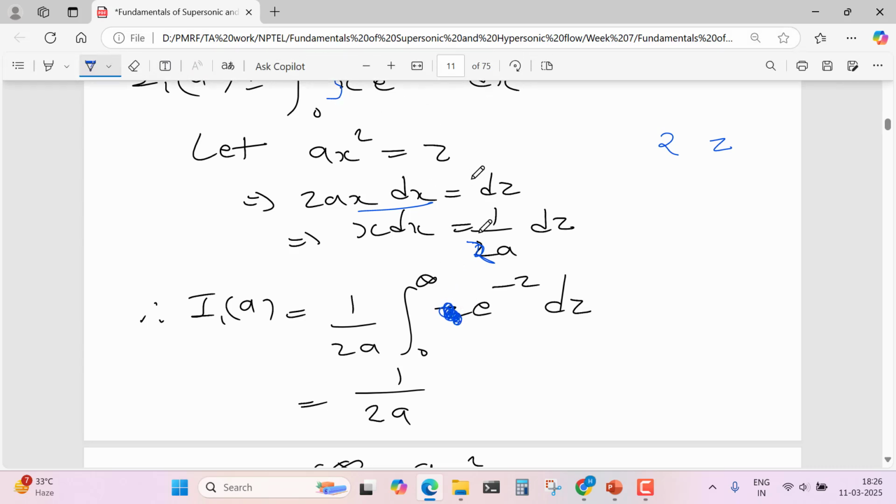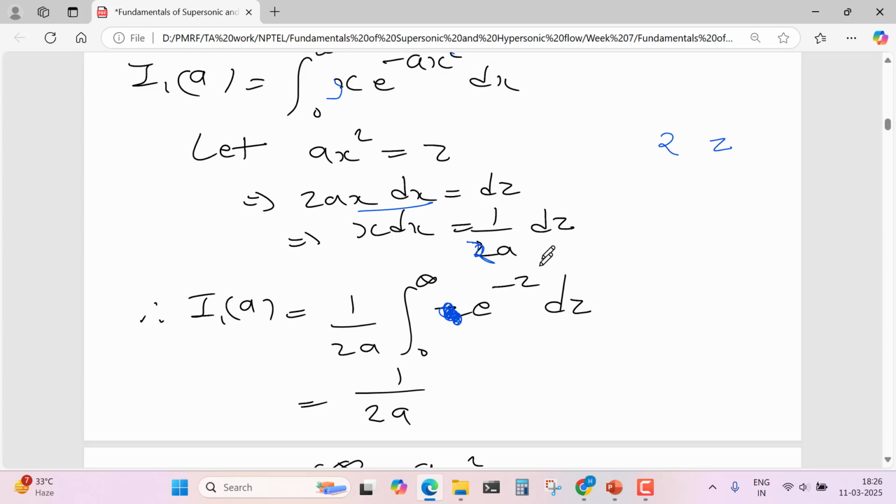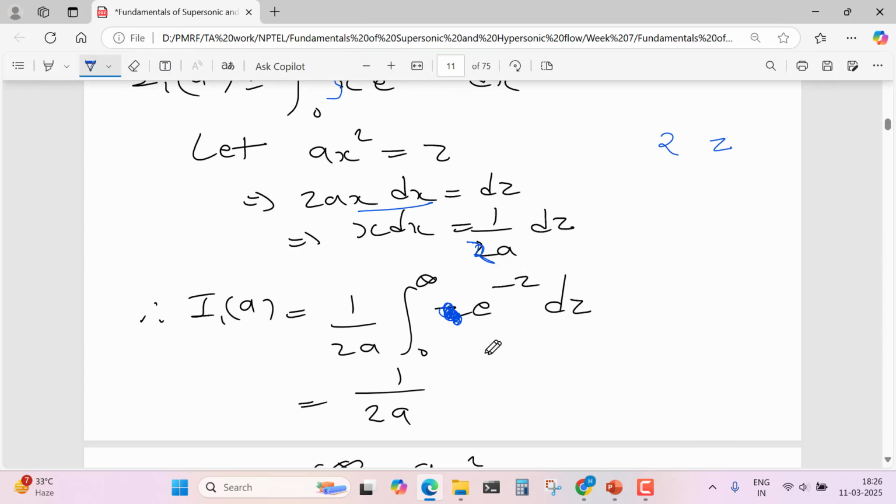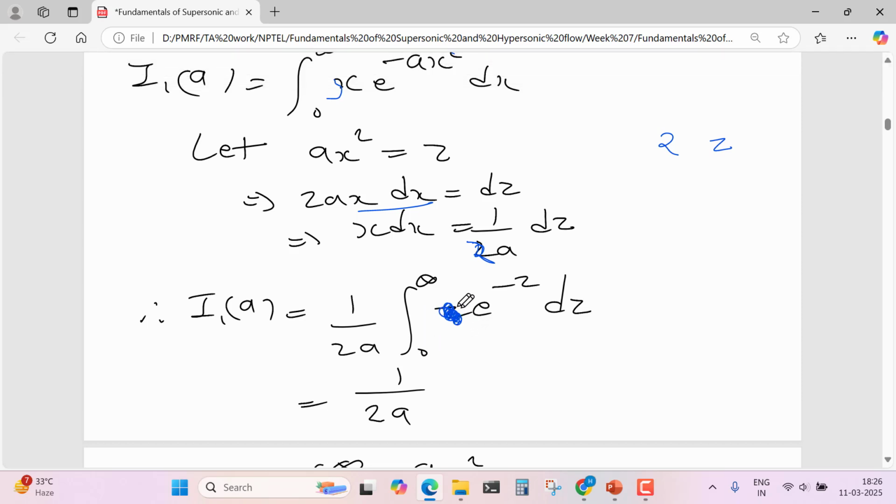This x dx will be 1 upon 2a dz, and this e to the power minus z. So it will become integration 0 to infinity e to the power minus z dz. If we do its integration, you can see before also.